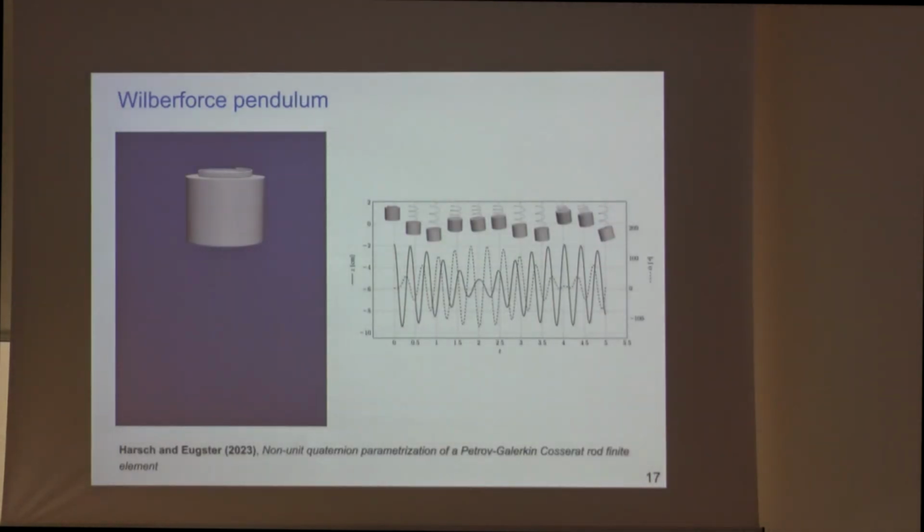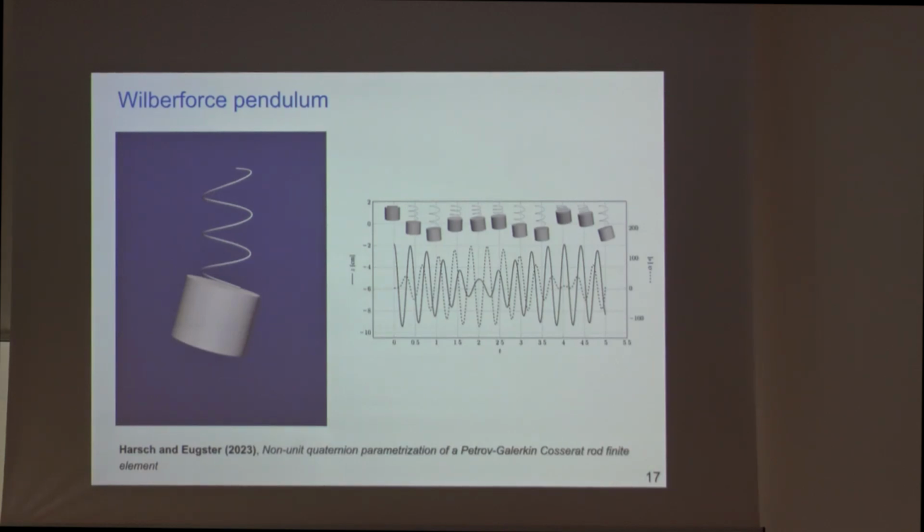And let's see if it works like that. So to see that the dynamics is really captured, what you can see here is a Wilberforce pendulum with 3 coils, and it's a nice phenomenon where you see an interchange of energy between a longitudinal oscillation and a torsional oscillation, which gives us some insight that the dynamics is also quite reasonable, even though it is extremely difficult to find very good benchmark examples to benchmark dynamics.